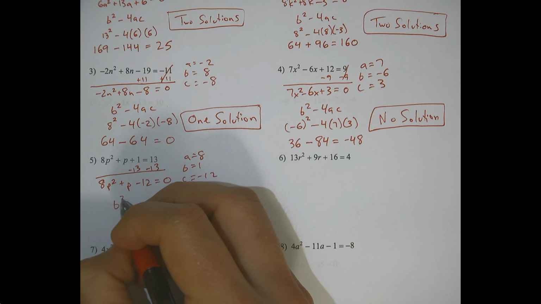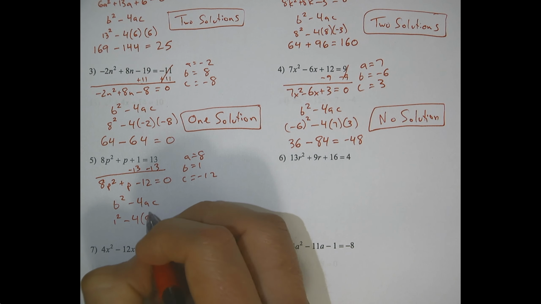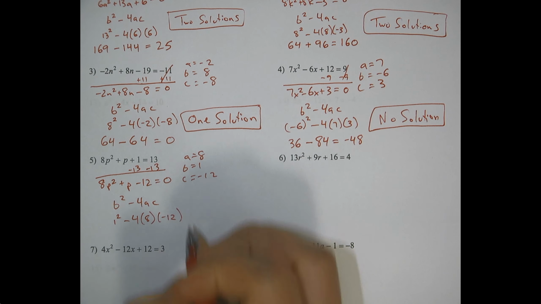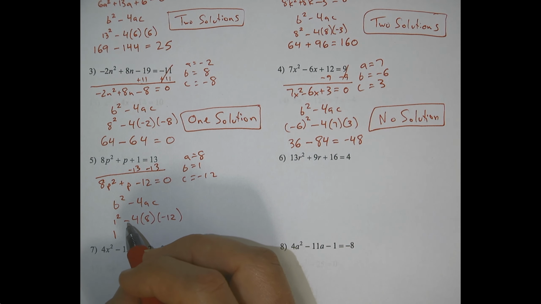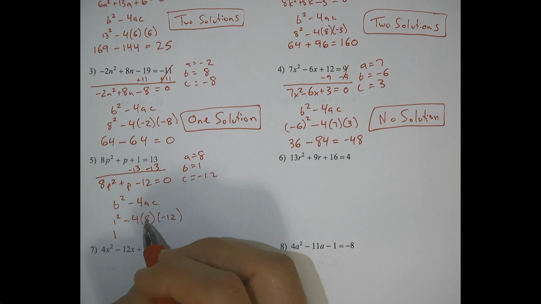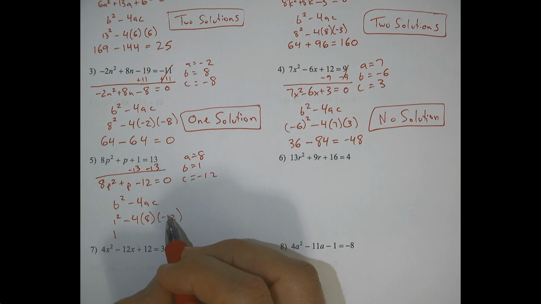So plugging into b squared minus 4ac, 1 squared minus 4 times 8 times negative 12. So 1 squared is going to be 1, and you might say, well, I'm going to minus this, is going to become a negative. But if you count out of these 3, how many negatives you have, I've got a negative 4 and negative 12, positive 8.